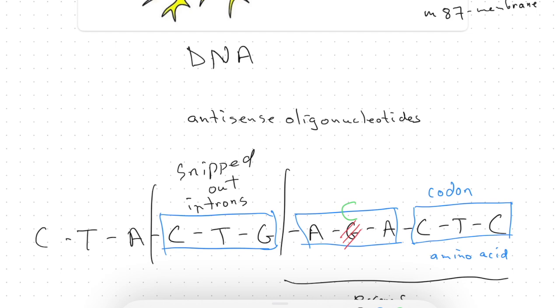That is a mechanism by which you can basically do gene therapy to turn off a gene, to cause a gene to not function anymore, to not be expressed, to not make its protein.